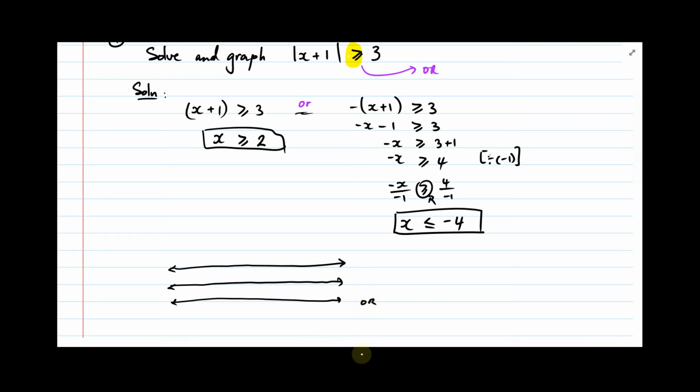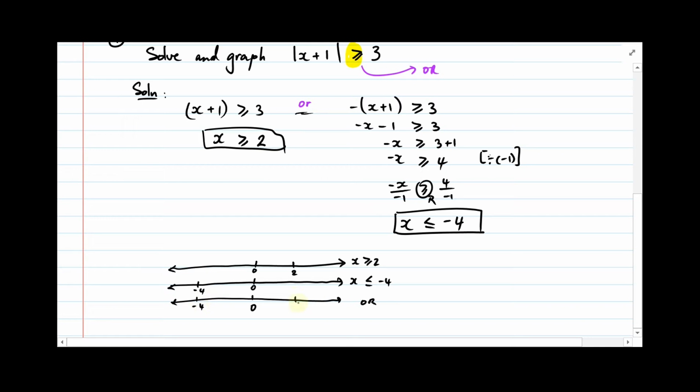If I look at the first inequality, I would have x is greater than or equal to 2. The second was x is less than or equal to negative 4. Let's put in a few markers. Here's my 0. I would have 2 somewhere on this side, negative 4 somewhere over here.